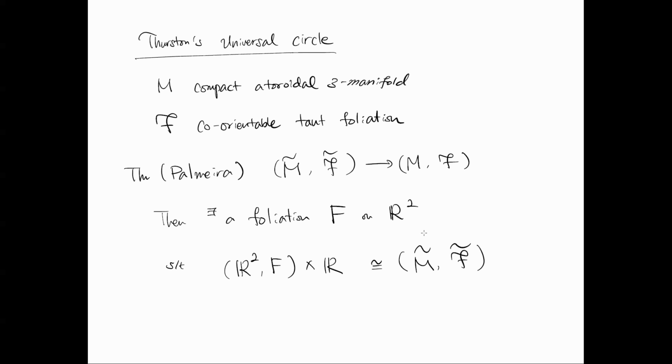So that's one theorem. The upshot is that the universal cover is always homeomorphic to R3, and each leaf of the lifted foliation F tilde is homeomorphic to R2. That's the conclusion we want to take from Palmeira's theorem.